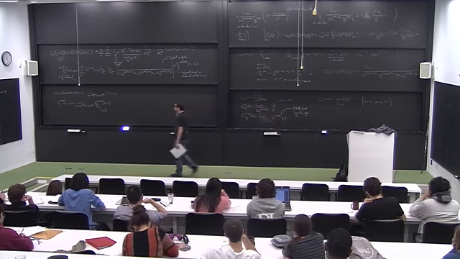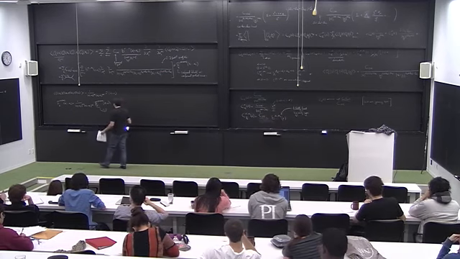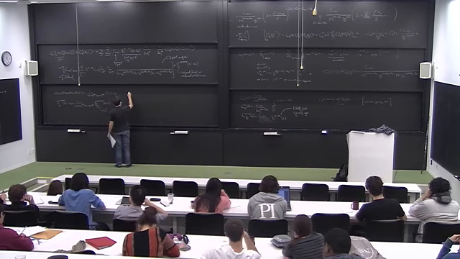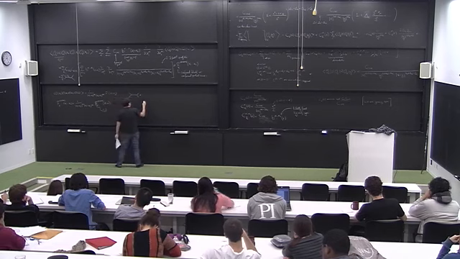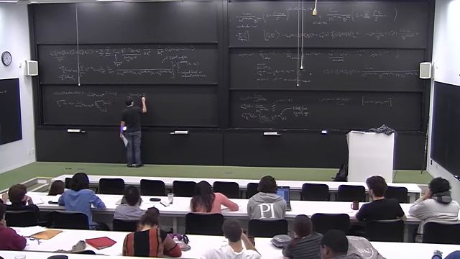So then, the final expression is that the 4-point function is given by some sum over k.